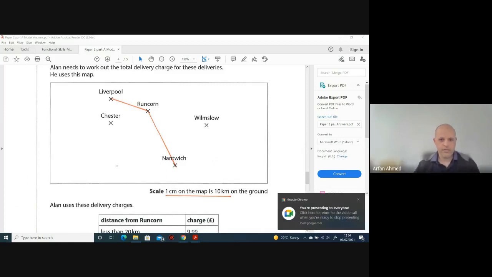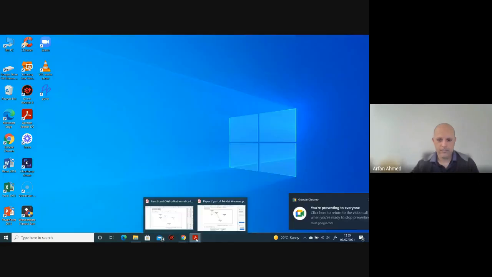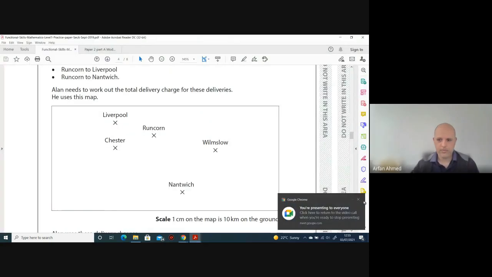Right, 4 centimeters. So again, do the same again. You've got 1 centimeter equals this thing. Oh, wow, what's going on? Not on this. This one.